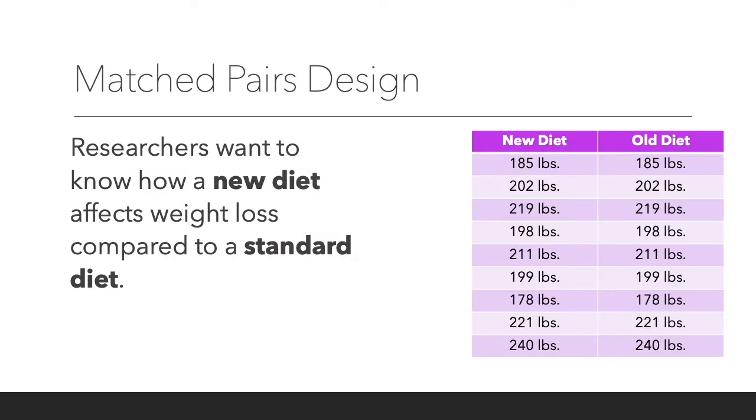I wanted to show you another example of a matched pair design. In this example, researchers are studying a new diet. And one of the things that's very clear in studies of weight loss and nutrition and lifestyle and behavior changes is that the rate of weight loss is often greatly affected by the starting weight.